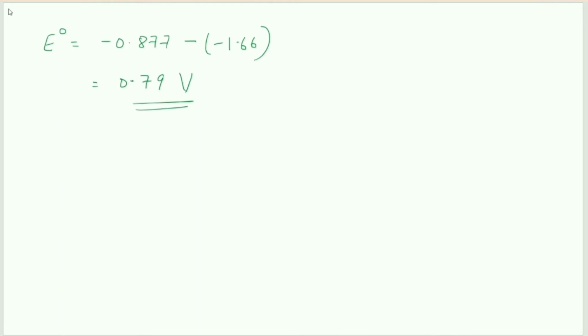So EMF is positive. Now we have to find whether the reaction is spontaneous or non-spontaneous. To find the spontaneity, we should find the value of delta G. Delta G is negative for a spontaneous reaction.